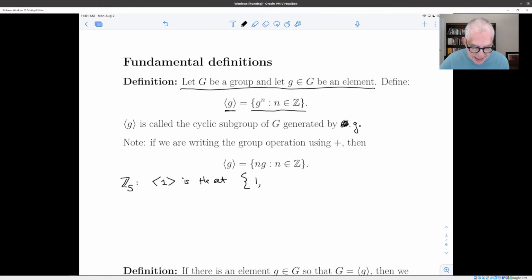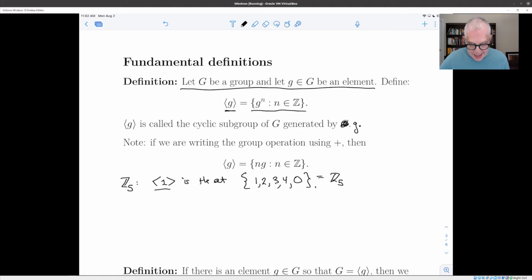So instead of taking g to the n, we take n times g, which means g added to itself n times. So 2, 3, 4, and then 5, which is 0. And if we keep doing it, we're going to come back to the beginning. So the set generated by 1 in Z5 is all of Z5.